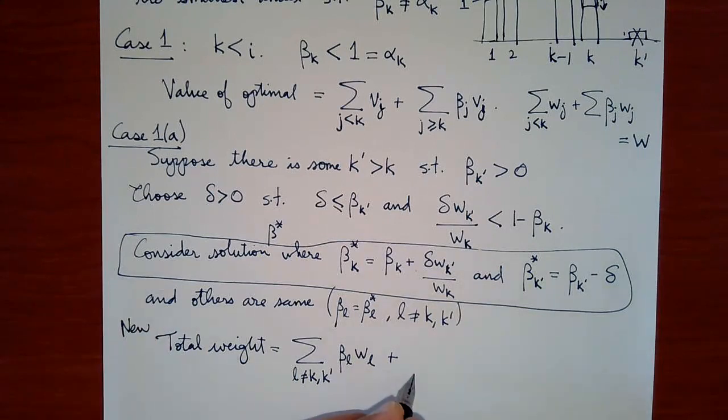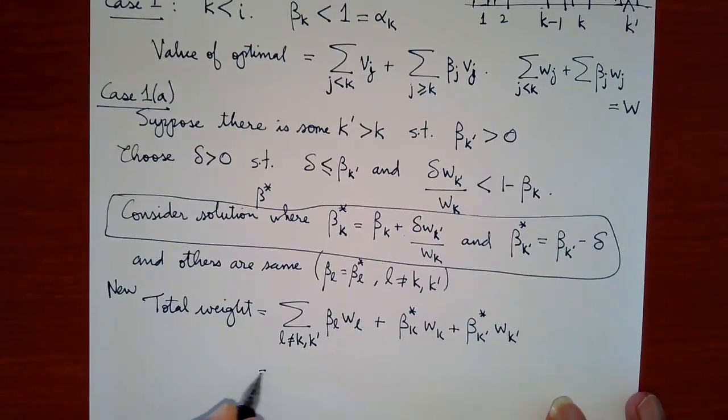The new total weight of this new solution is beta k star w_k plus beta k prime star w_k prime. Okay, so this I can keep.